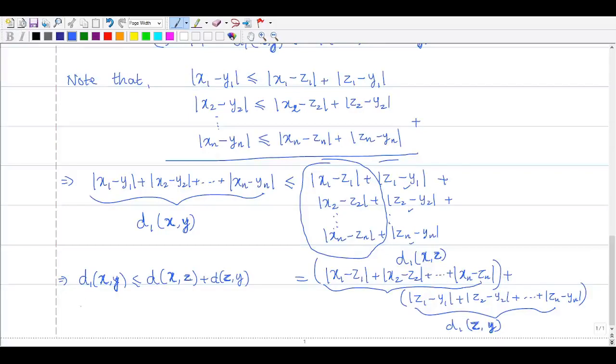This implies that R power n is a metric space with respect to d1, or d1 is a metric on R power n. So this is the theorem. Okay, so I have proved this first.